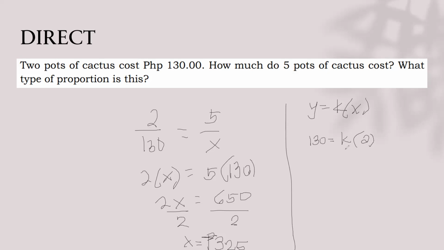Okay. So, ibig sabihin, if we divide this by 2, k is equals to 65. Para maging talagang proportion sila, dapat ang k din ay 65. So, gawin nga natin. Sabi, 325 daw ang limang paso.